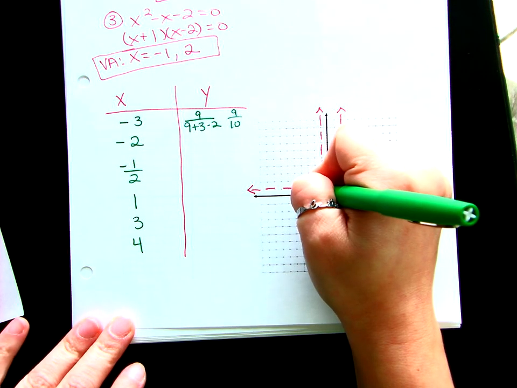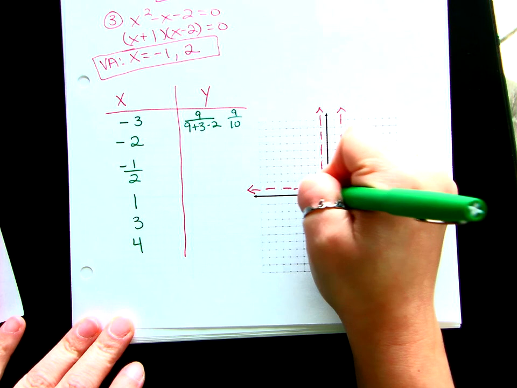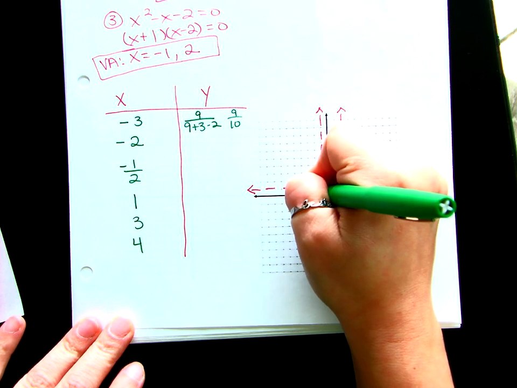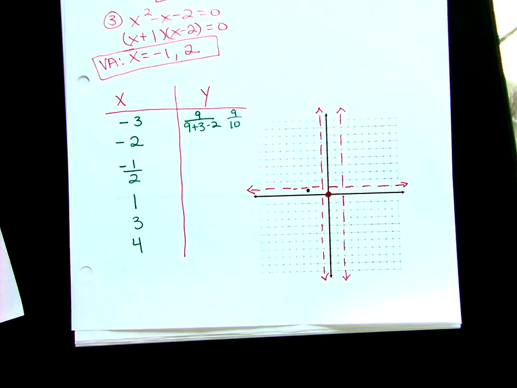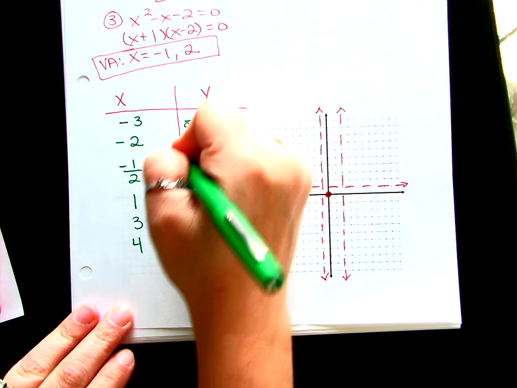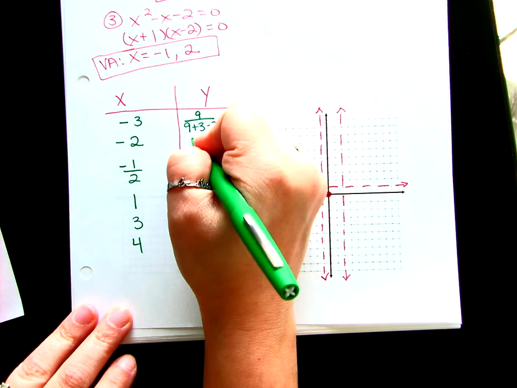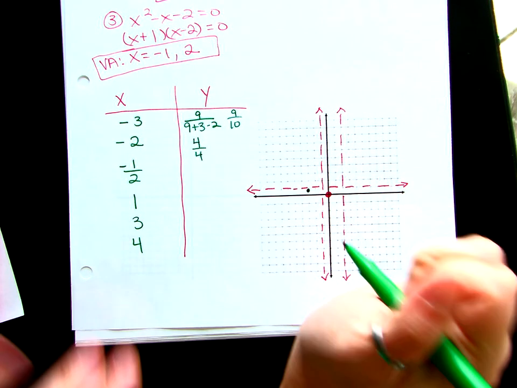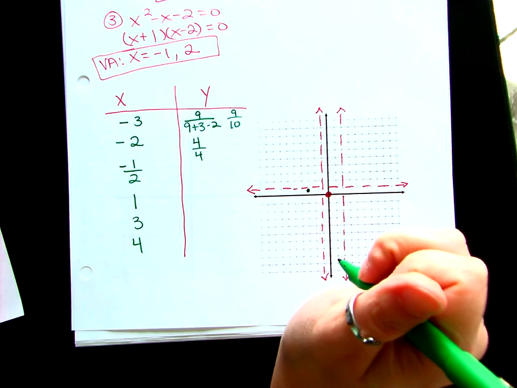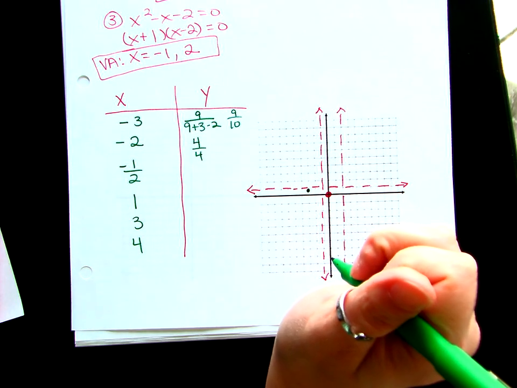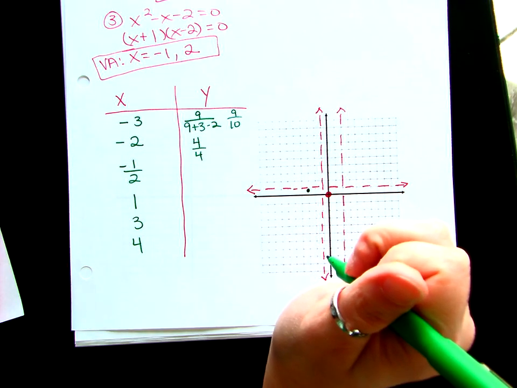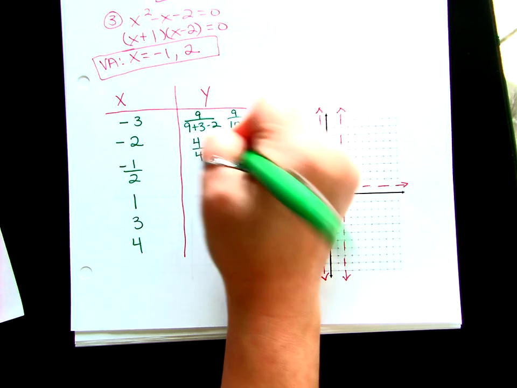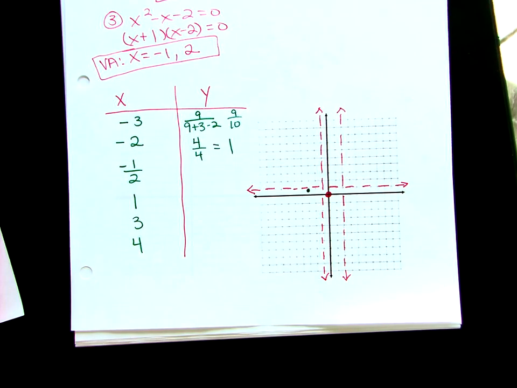It's 1, 2, 3 right here. But when I do -2, I get 4 over 4. Oh, this is 1 that does that. That puts me at 1.